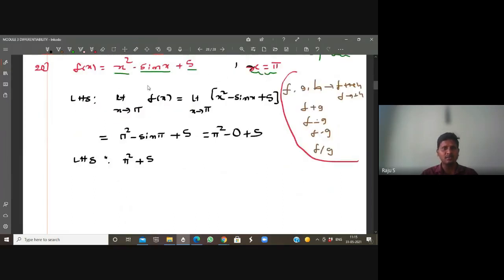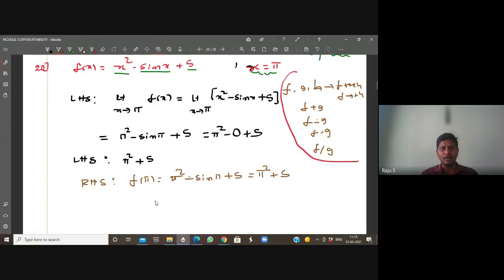Then RHS is directly f of pi. We have to find f of pi. RHS value is f of pi, substituting pi in the given function: pi square minus sin pi plus 5, which again gives pi square plus 5. Now, is LHS equal to RHS or not?